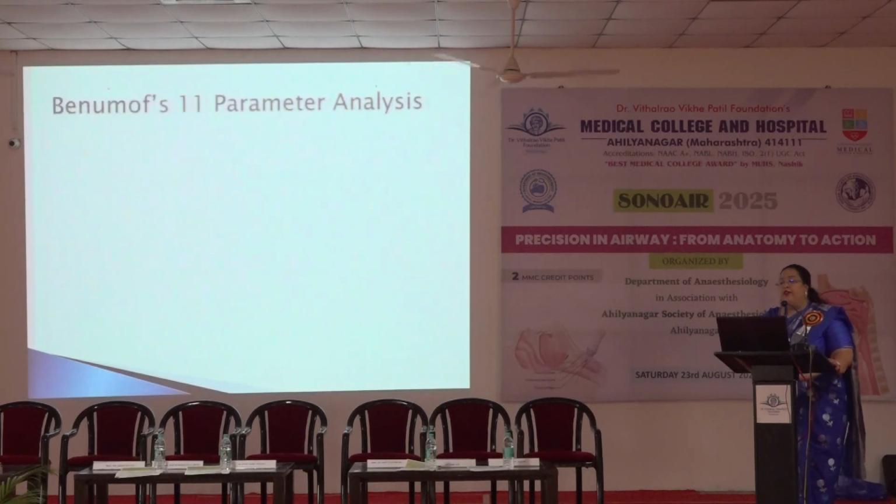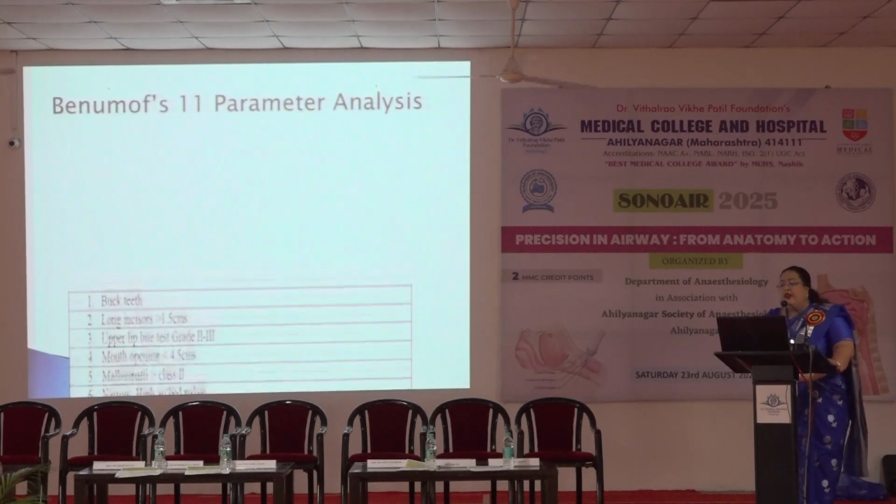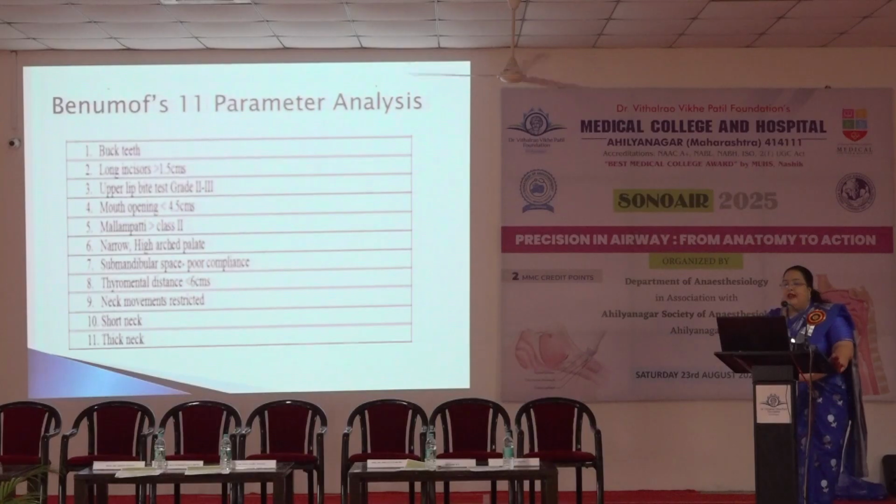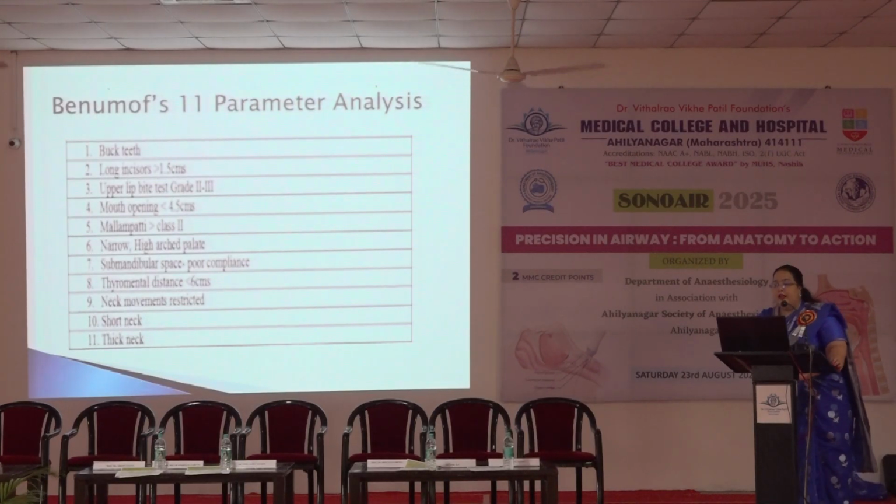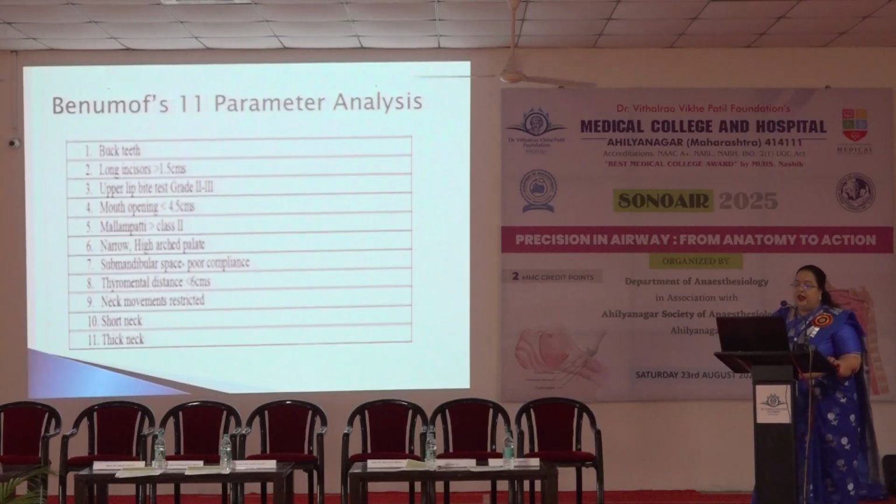Coming to Benumof's 11 parameter analysis, here we take into account the buck teeth, long incisors more than 1.5 centimeters, upper lip bite test grade 2 and 3, mouth opening less than 4.5 centimeters, MPC class 2 and above, narrow or high arched palate, submandibular space poor compliance, thyromental distance of less than 6 centimeters, neck movement is restricted, there is a short and thick neck. This combined will give us a good analysis of the overall difficulty in intubation.